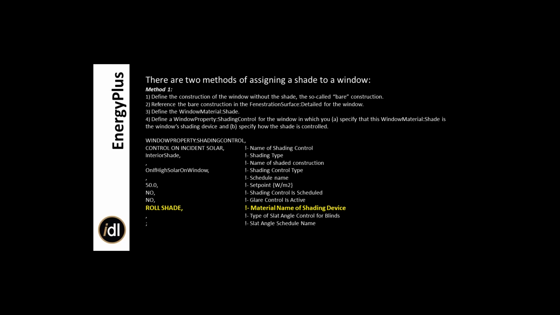Then we can define the window material shade and define the window property shading control for a window in which you want to specify window material shade. And that's the part you have to change according to the material you define for your model. And make sure that you don't have any shaded construction here.